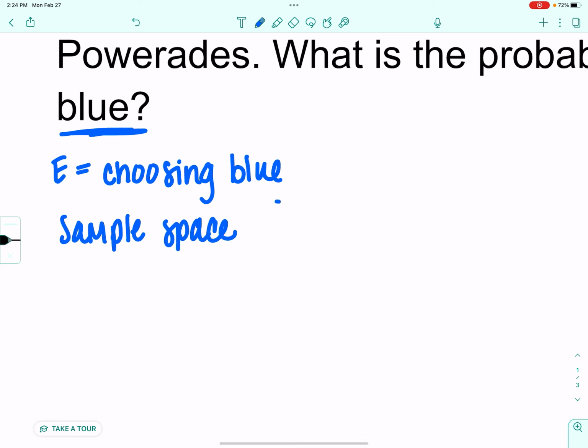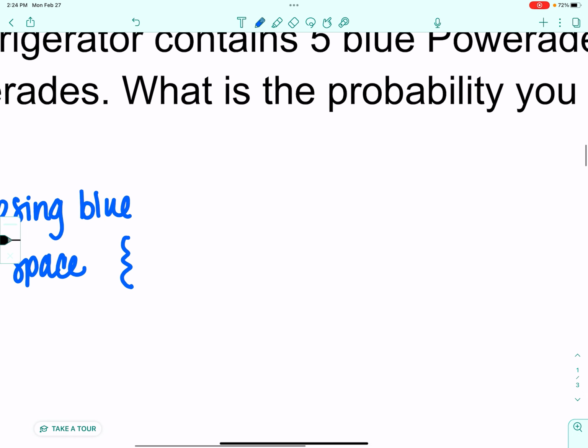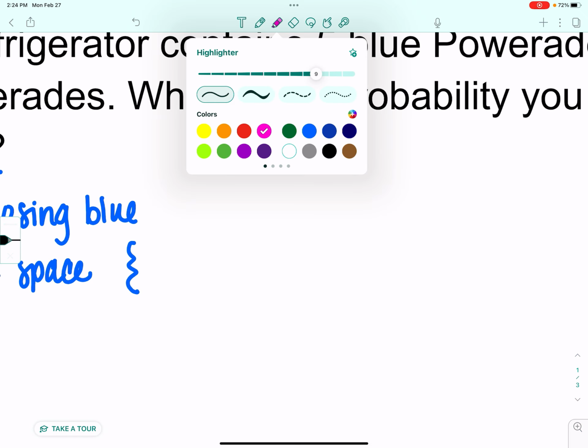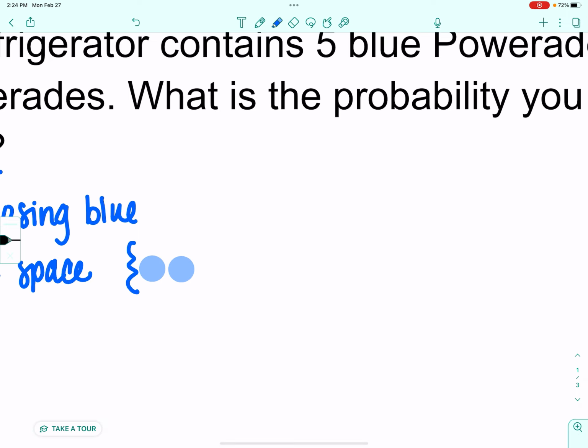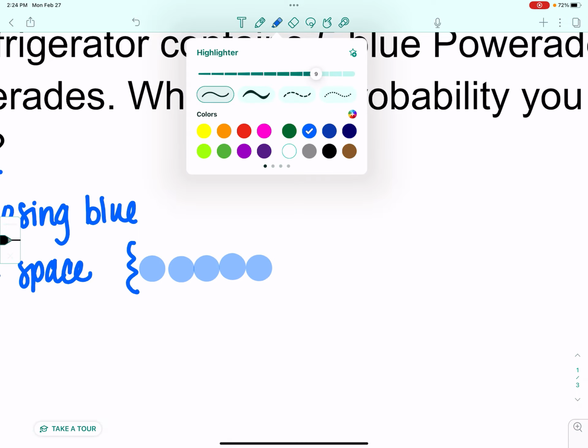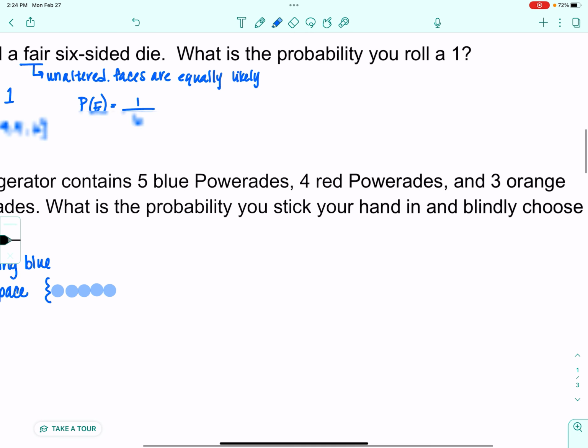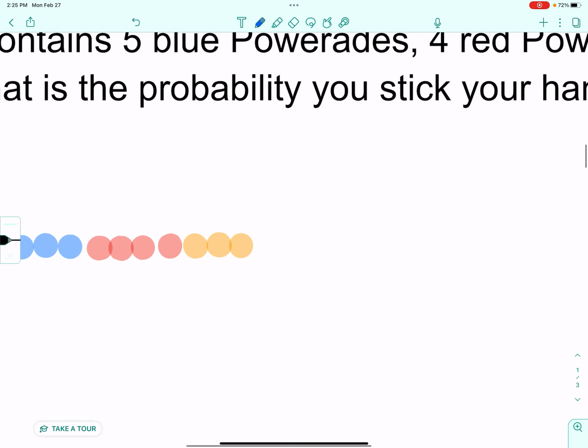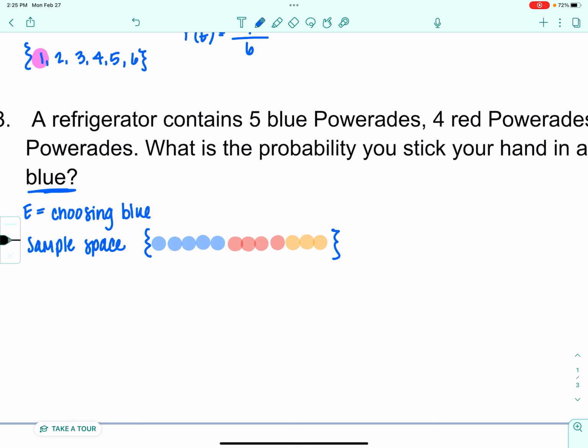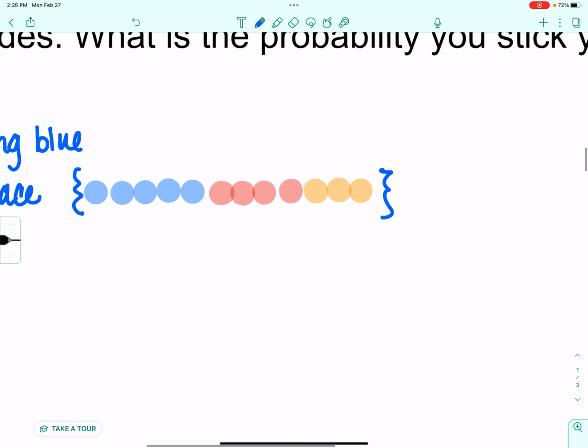There's my refrigerator. And I have 5 blue. And I have 4 red. And 3 orange. I have a total of 1, 2, 3, 4, 5, 6, 7, 8, 9, 10, 11, 12 elements in my sample space.